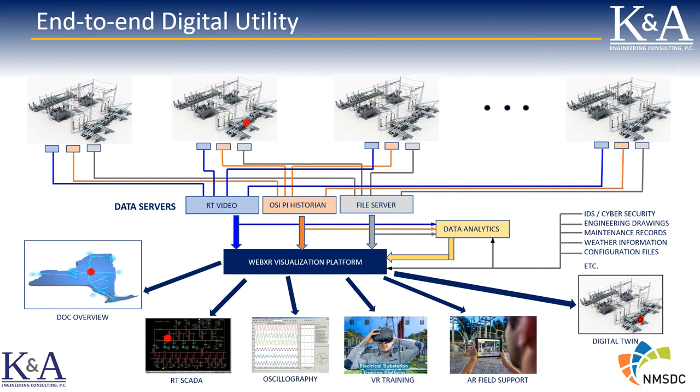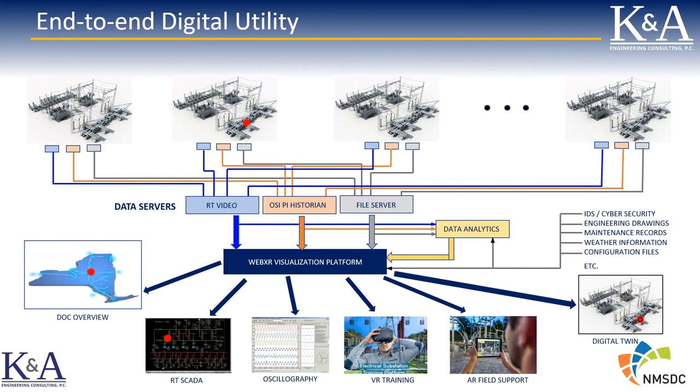And basically what you're doing is you're turning data into useful information. The output of the data analytics engine then can be fed back into the visualization platform, and again becomes useful information that can be routed to the proper users.